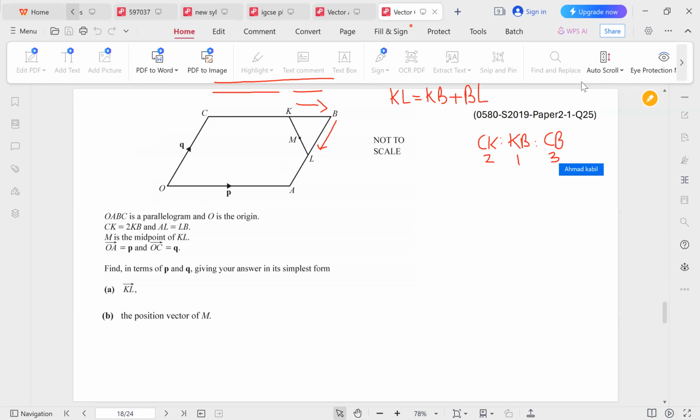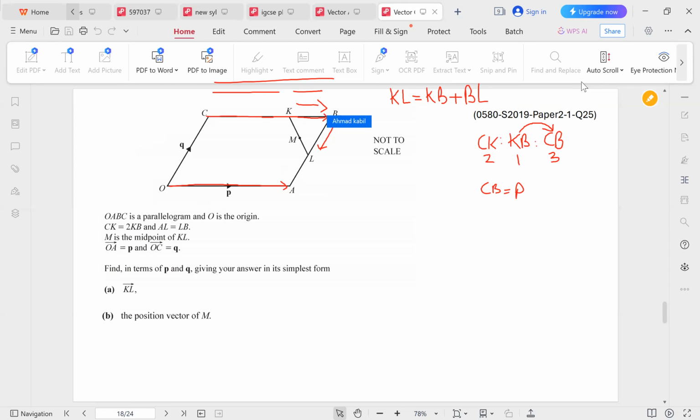We want KB, so we're linking KB. Here we're back to linking to the total because normally the total is the easiest way out. So CB is equal to P because it's parallel to OA. As you can tell from the drawing, OA is here, and CB is parallel and equal because this is a parallelogram.